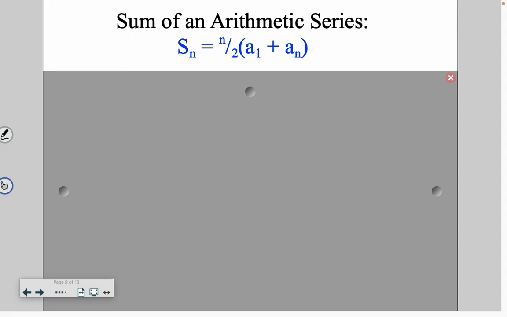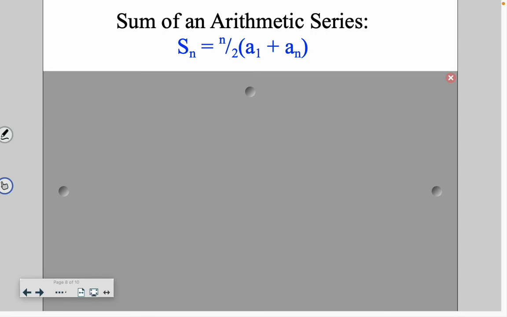Okay. We could derive this. I could go through and kind of derive the formula again like I did the other one. I'm going to save a little bit of time and just cut straight to it. So when you look at this formula, the S sub n stands for sum of the first n terms. Sum of the first 10, sum of the first 20, sum of the first 100. That's what S sub n stands for.